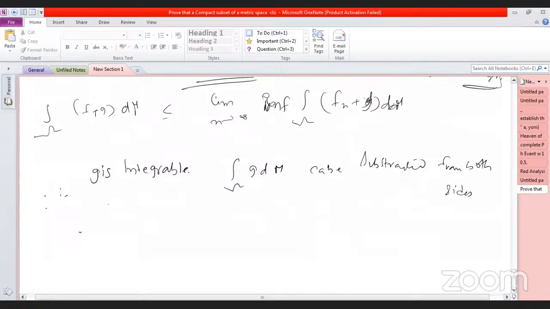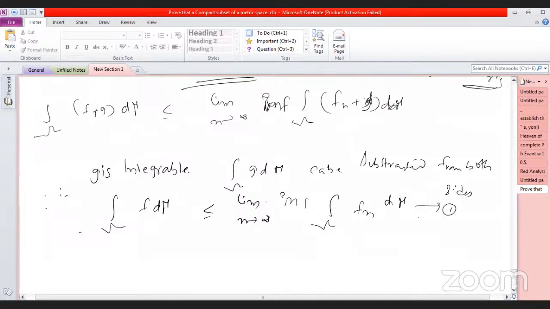From both sides we get the integral over omega of f d mu, less than the limit infimum. Already we know that f_n is integrable, so we take the integral of f_n d mu as the first equation.